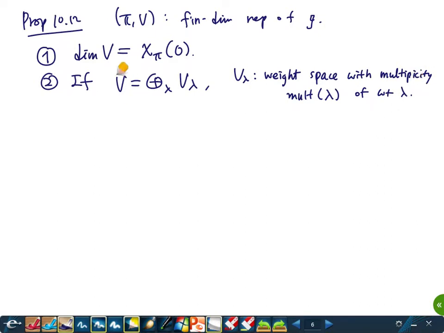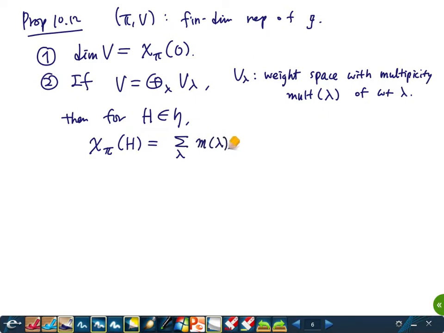So we know that the representation can be written as a direct sum of weight spaces, and then for all elements x in the Cartan subalgebra h, if you evaluate the character at this element, then this is the summation of m lambda, that's for short, times e to the this.